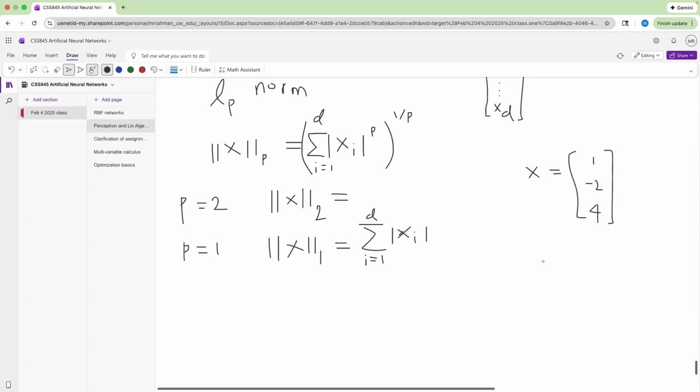Okay. So what is the L2 norm of this vector? Anyone tell me what would be this value? What is the L2 norm of this vector?